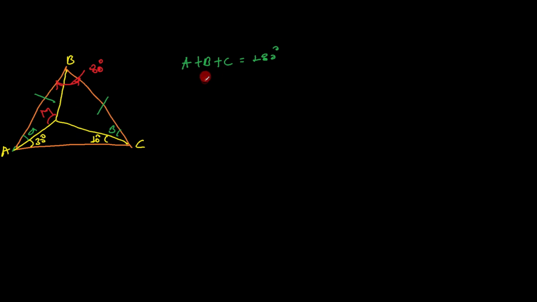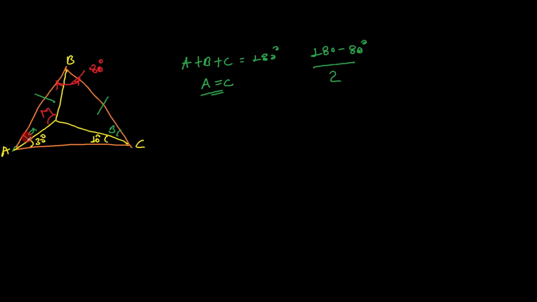If this one and this one are equal, that means A is equal to C, right? So that means 180 minus 80° divided by 2.